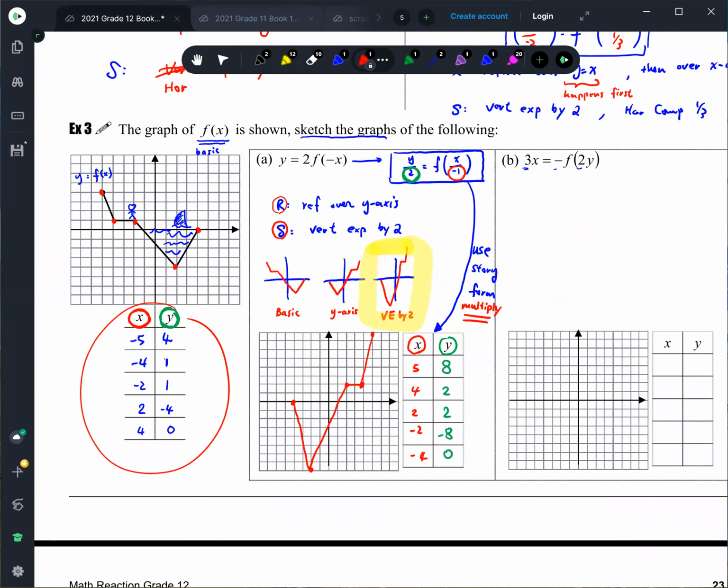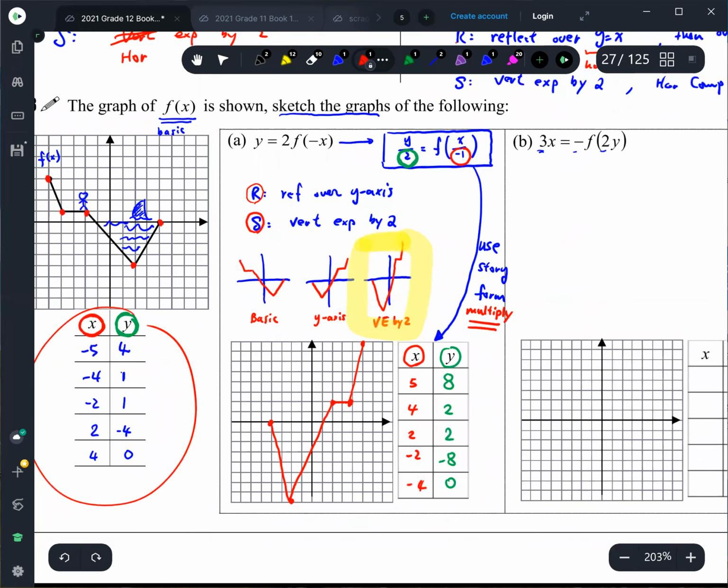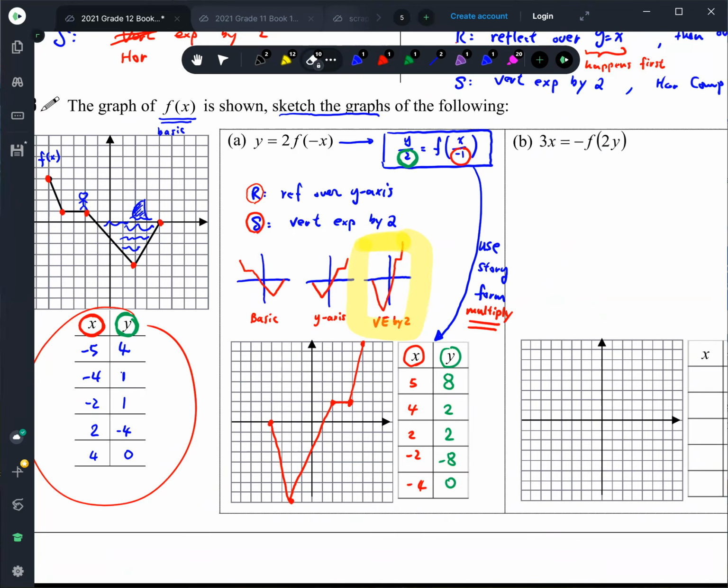Right, so it matches our predictions. It got flipped over and it got taller. Okay, please raise your hand when you finish graphing.